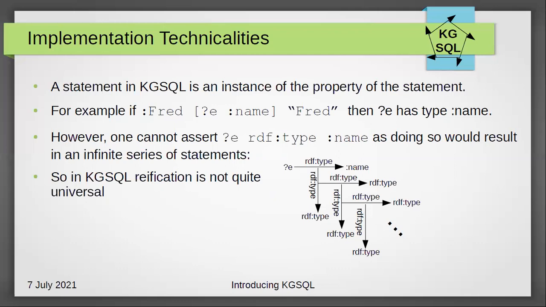However, we cannot actually assert that this statement has type name, because if you then do this, you end up getting an infinite series of statements, because that statement then itself has a statement associated with it, namely that it has a type, and that one then has a type, which then has a type, and so on.